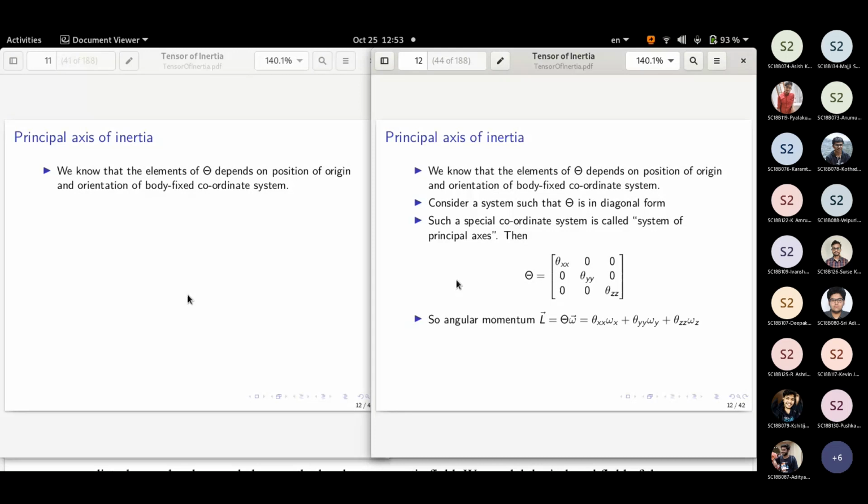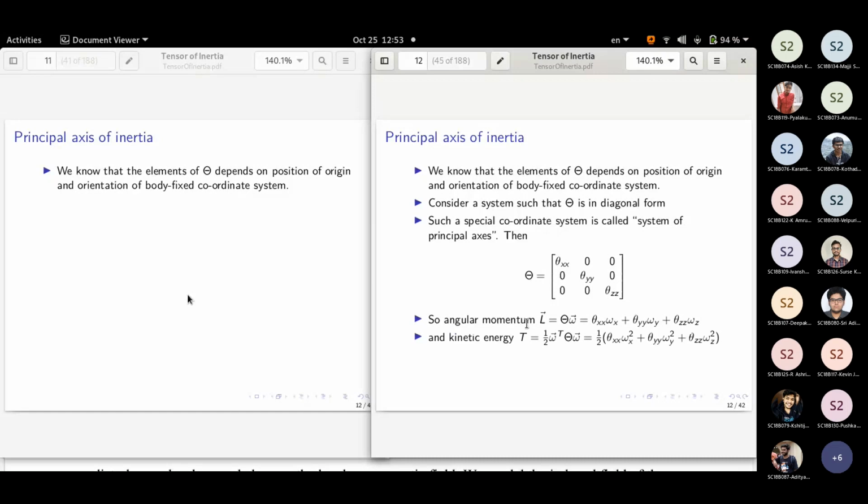In this case, the tensor of inertia matrix theta has the diagonal elements theta xx, theta yy, theta zz. Therefore, the angular momentum vector will be theta xx times omega x plus theta yy times omega y plus theta zz times omega z.